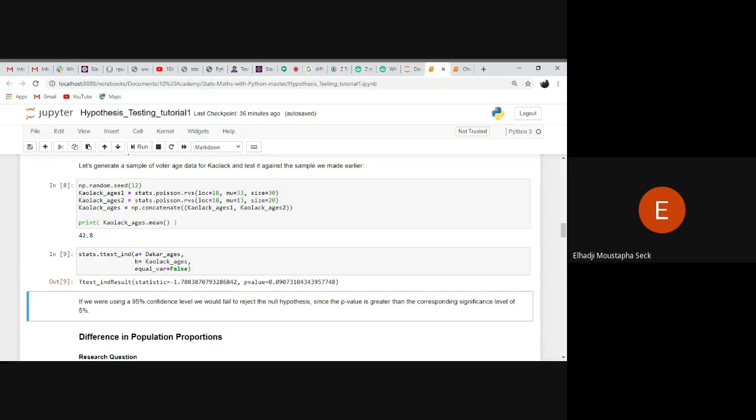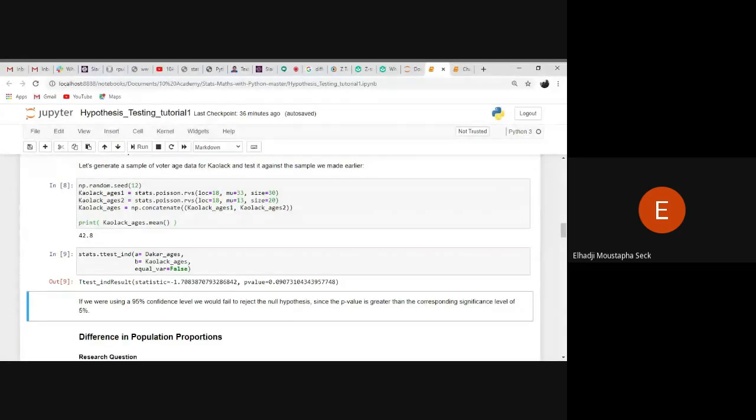highlight something. Rejecting the null hypothesis does not mean that we automatically have to accept the alternative hypothesis. It depends. Basically, based on the claim of the null hypothesis, either we reject or we fail to reject. But rejecting the null hypothesis does not imply that we automatically accept the alternative hypothesis.